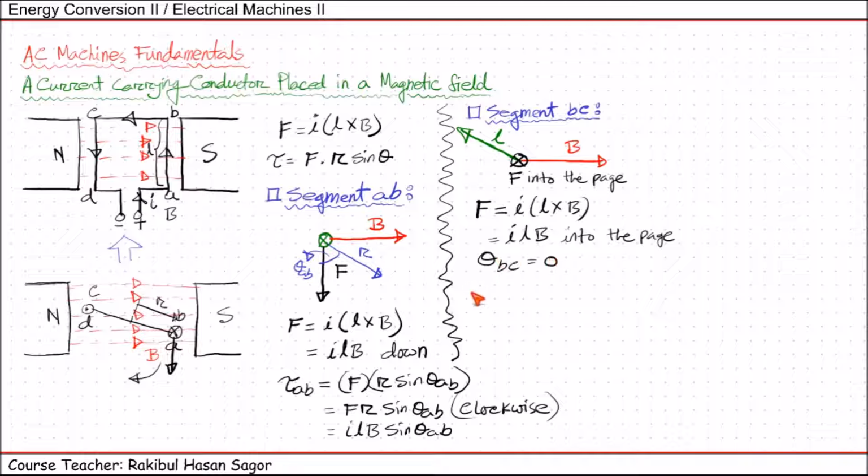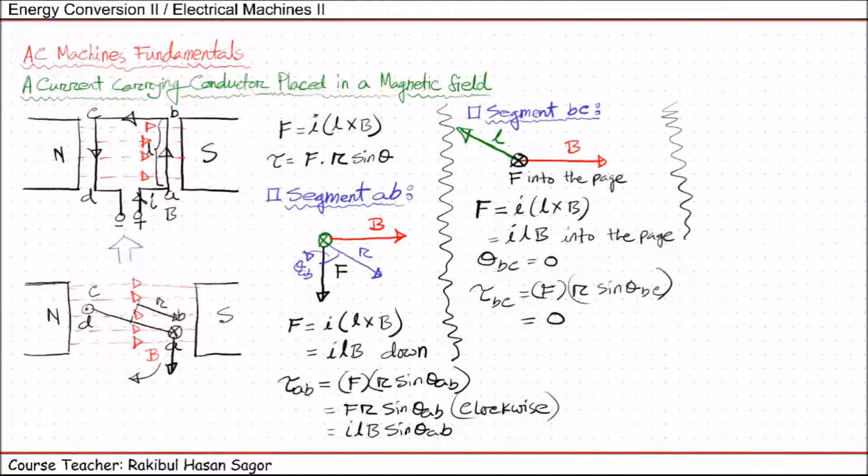Hence we can write tau BC, that means torque exerted due to this BC section, will be F into R sine theta BC, and as theta BC equal to 0, sine 0 will return 0 value here. So the tau BC will be 0 here.